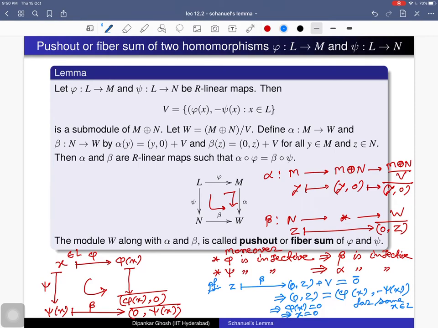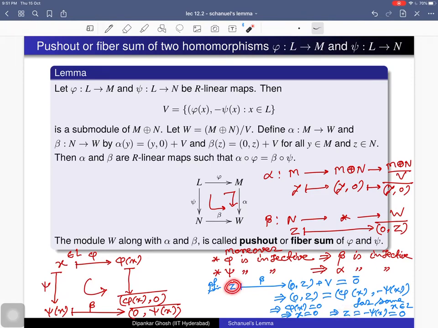And once x is 0, then z, the second component of this element, should be the same as this. So z is minus psi of x, and since x is 0, minus psi of x should be 0. Therefore z should be 0.